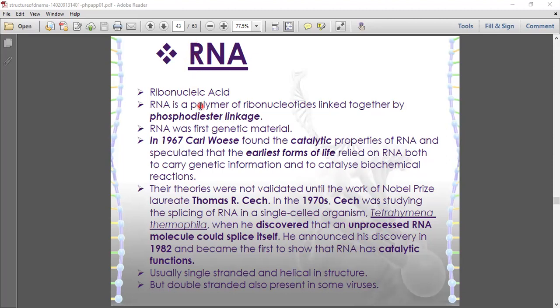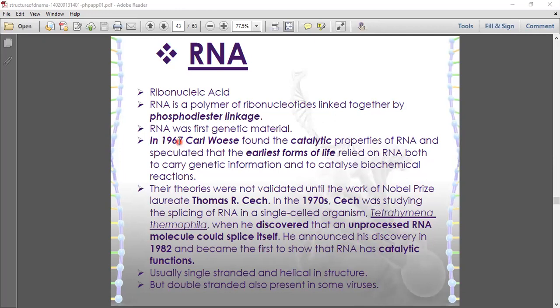RNA is a polymer. So what are the other parts? In this case also there will be the presence of nucleotide and nucleoside. In 1953, that was the year when the structure of DNA was proposed by Watson and Crick. Although it took years for them to grab the Nobel Prize, they actually proposed the structure of DNA earlier.